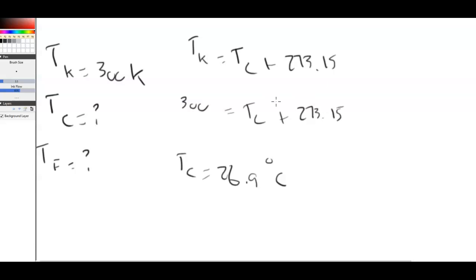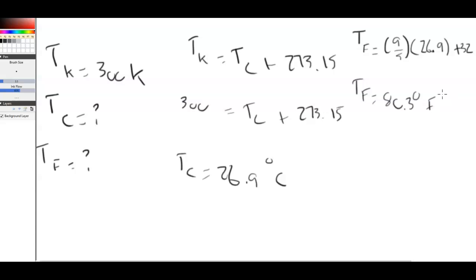Okay, now once I have TC, I can go back up here to my Fahrenheit equation, do 9/5 times 26.9 plus 32, and I plug that into my calculator, and the answer I get is somewhere around 80.3 degrees Fahrenheit.